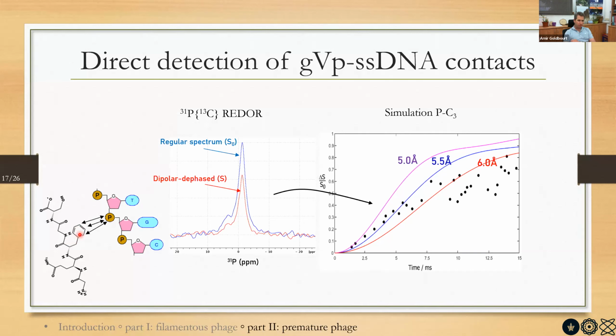Now, the choice of 3 is actually a game between a 2-spin system, 3-spin system, 4-spin system, etc. If you take 4 carbons, that doesn't change the shape anymore. But if you take 2 carbons or 1 carbon, then you get unreasonable results and the shape is not correct. So we believe that we have a mixture of between 2 and 3 carbons, and that makes sense because you have many different residues that bind the phosphate.